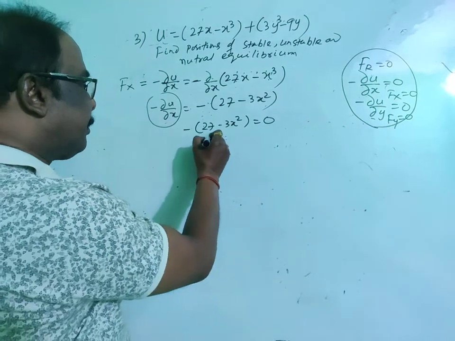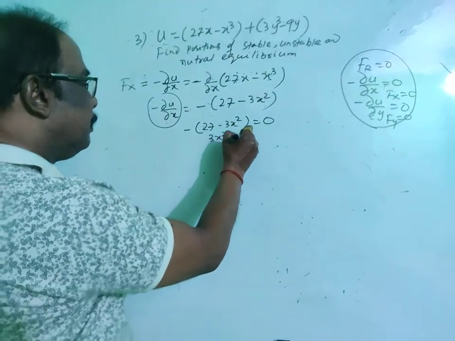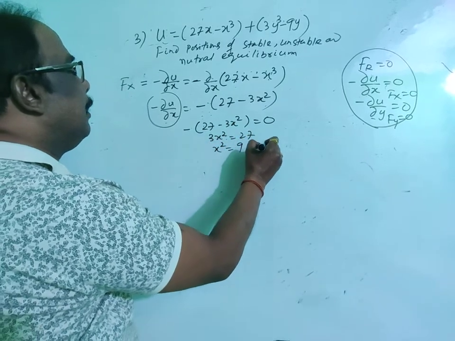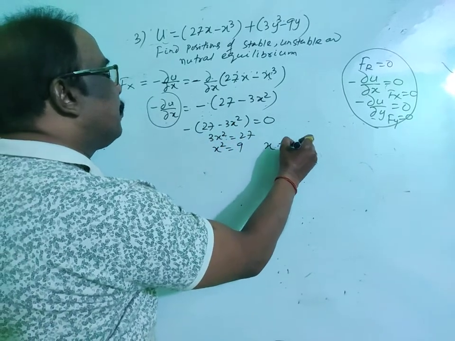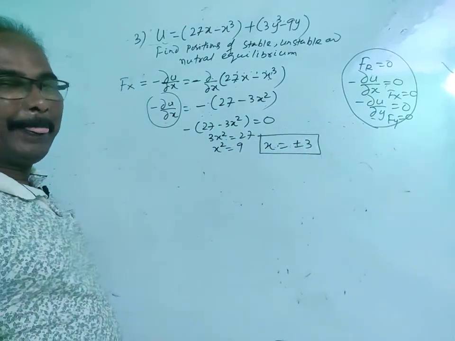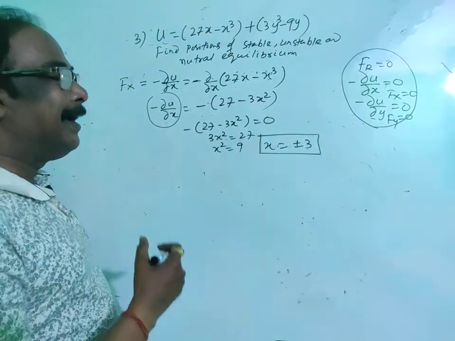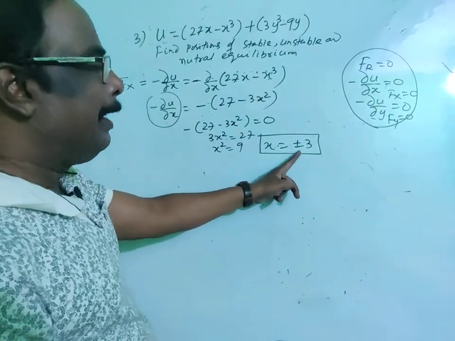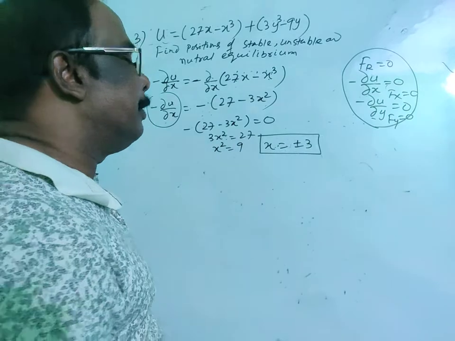Then 3x square is equal to 27, x square is equal to 9, and accordingly x is equal to plus minus 3. I think it is very easy for you.